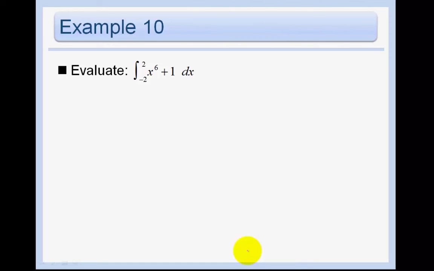But let's see if we can find any symmetry in this one. Well, we have x to the 6, so right off the bat we think it might be an even function. Maybe you're not sure, so you just check it out. Well, f of x is just x to the 6 plus 1. What is f of negative x?